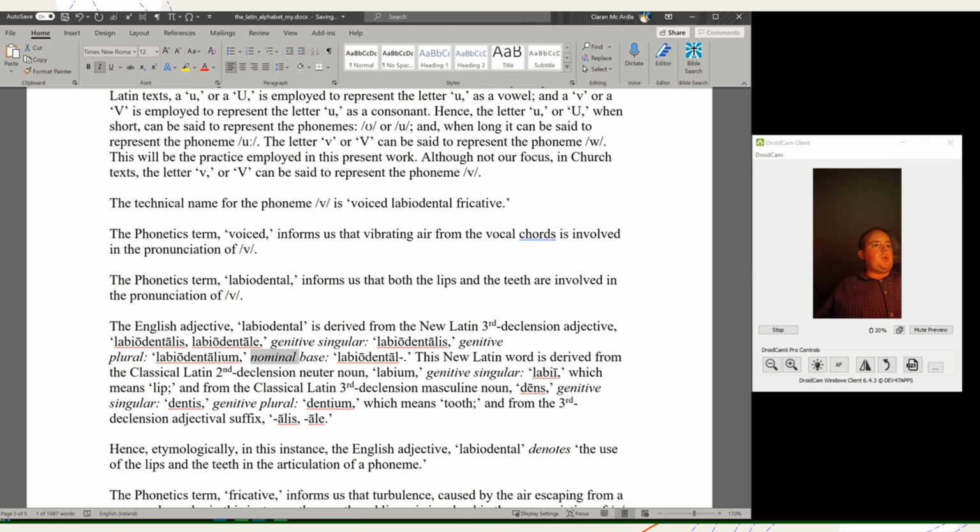This New Latin word is derived from the classical Latin second declension neuter noun labium, genitive singular labii, which means lip, and from the classical Latin third declension masculine noun dens.